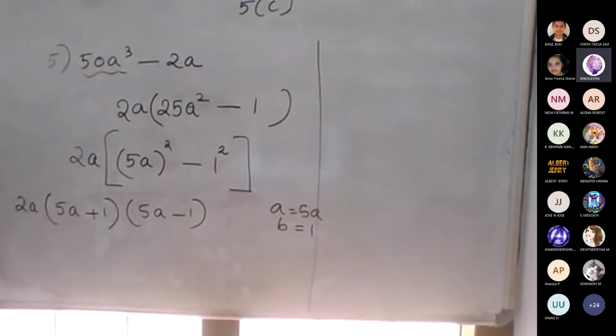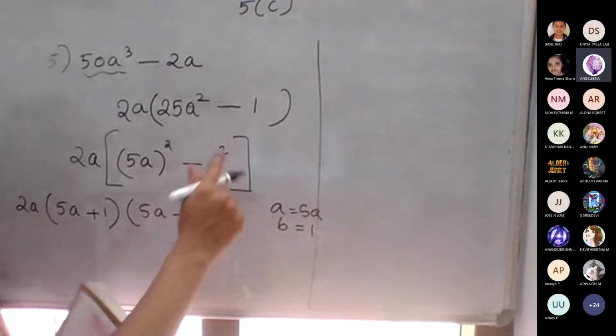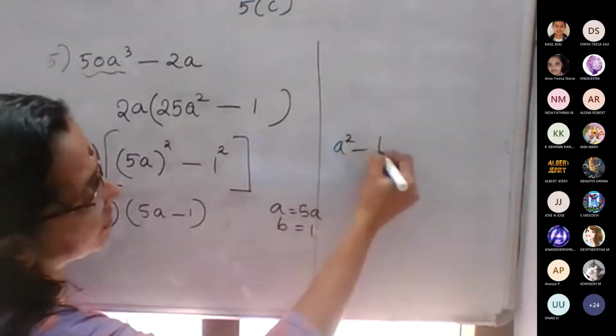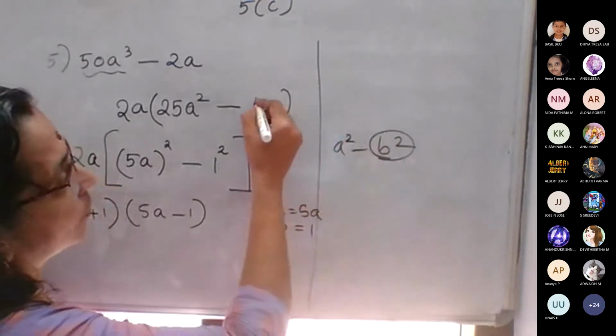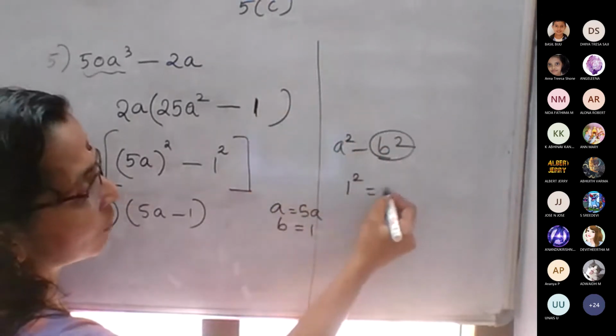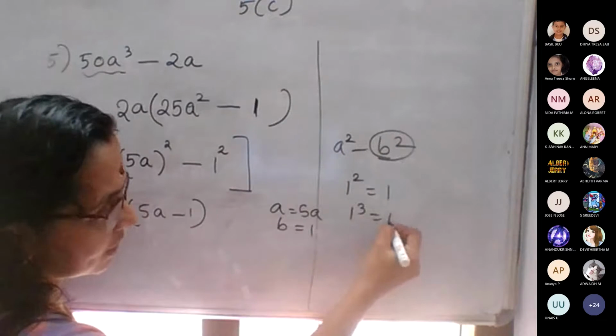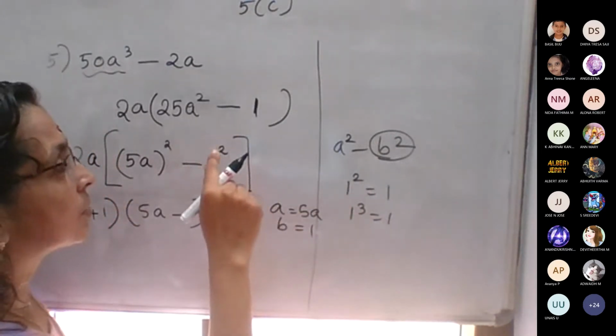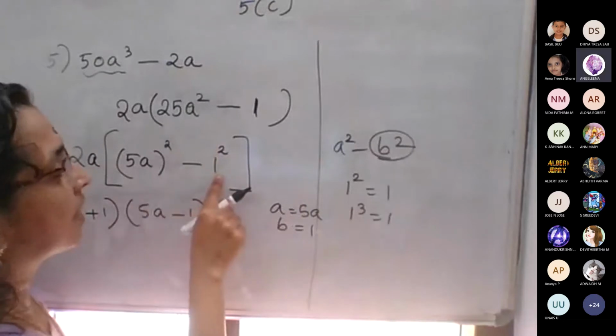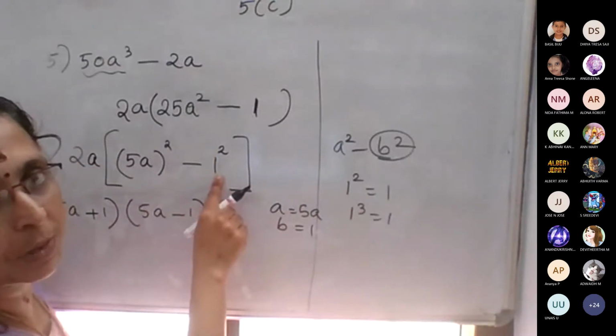Number 6. How did 1 square come? That means we have the formula a square minus b square, so we need b square also. We can write 1 as 1 square, since 1 cube is 1 itself, so make it a square, then only we can write it in terms of our formula.